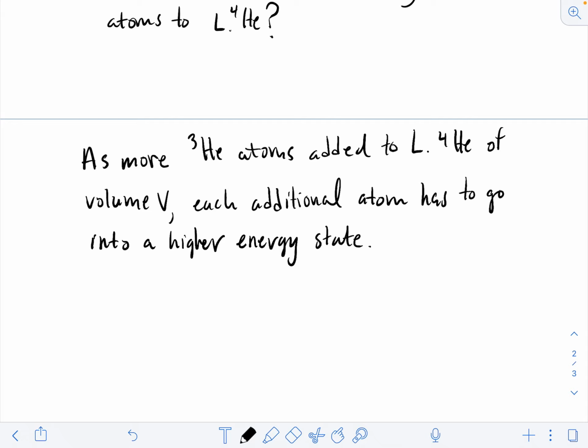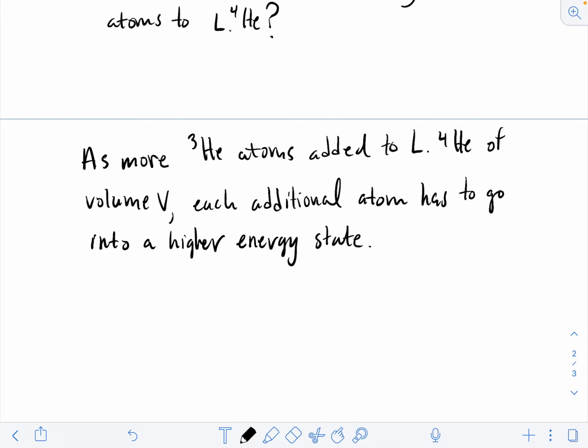And so we calculated the available quantum states for a particle in a 3D box. And for fermions, we have a bunch of energy states, and we can only have one spin-up particle in the lowest energy state and one spin-down particle in the lowest energy state. When we add the third particle, it has to go up into the next higher energy state.